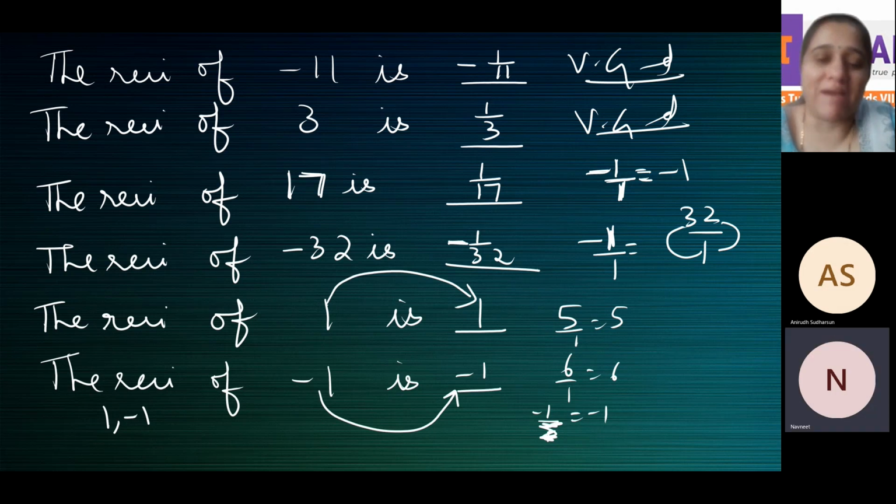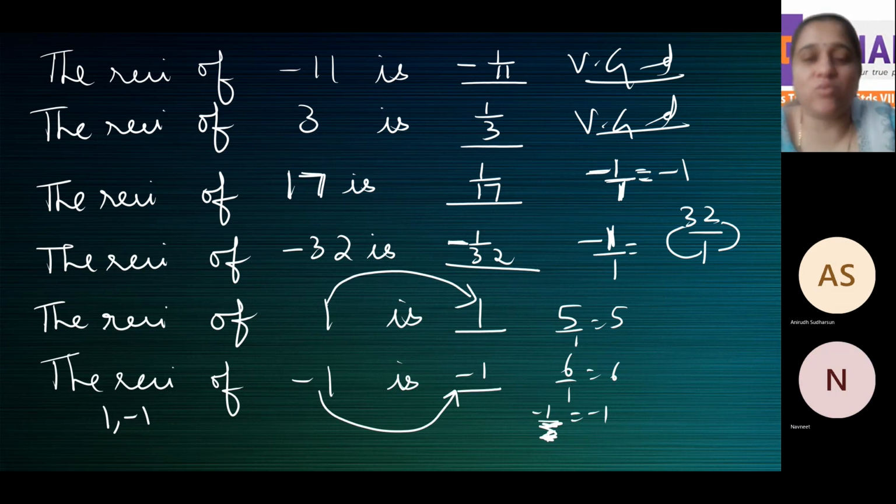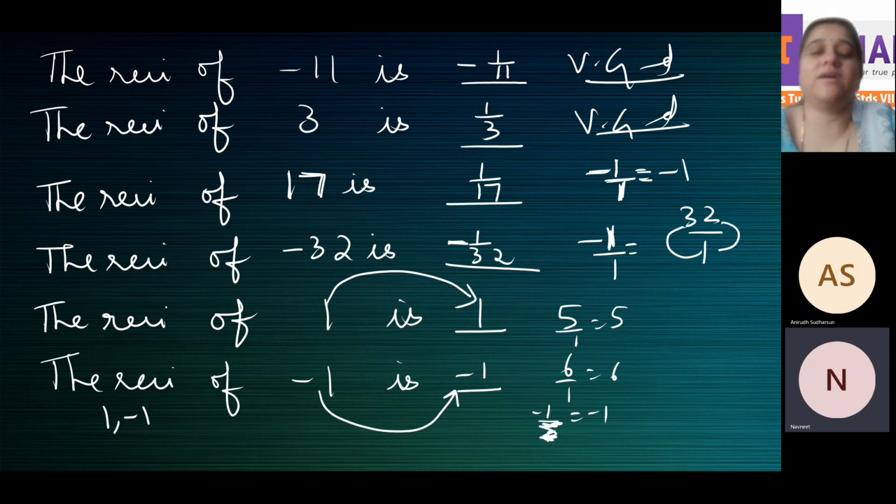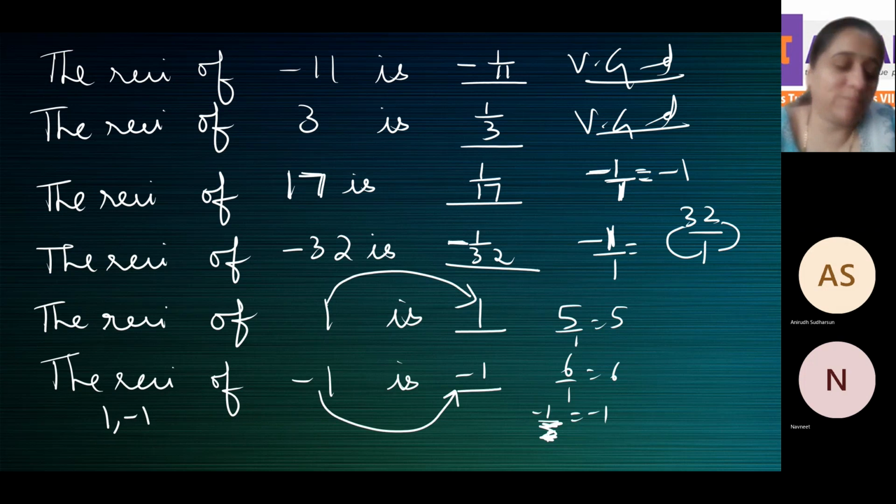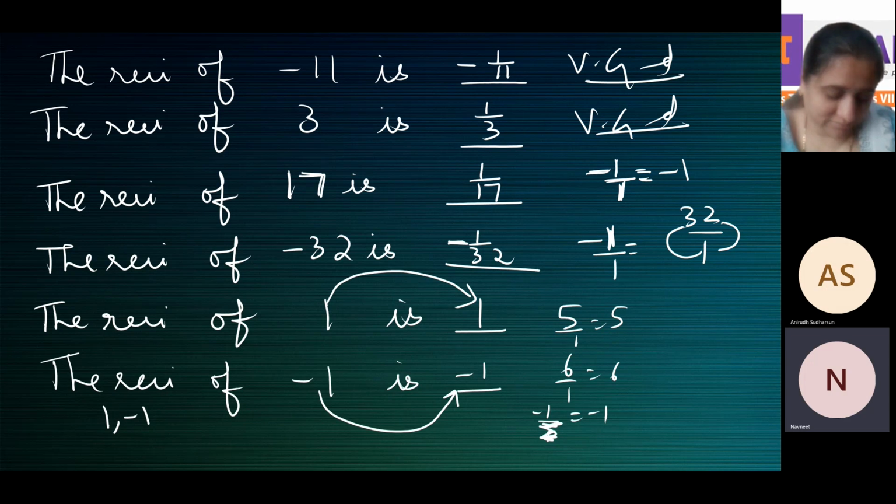The reciprocal of -1 is -1 itself. That means 1 and -1 are their own reciprocals.